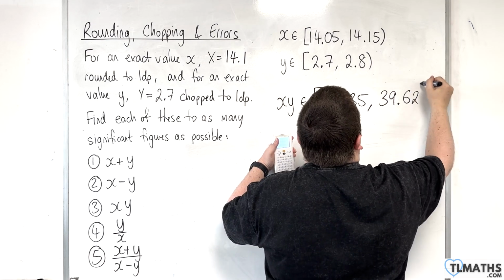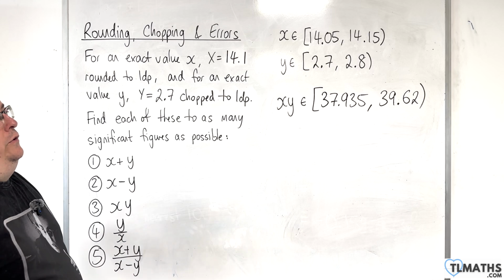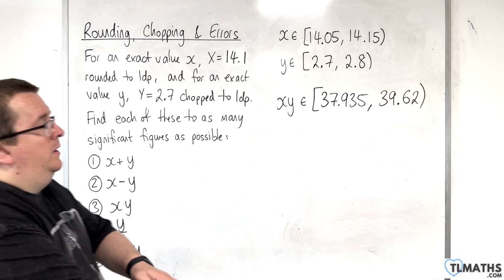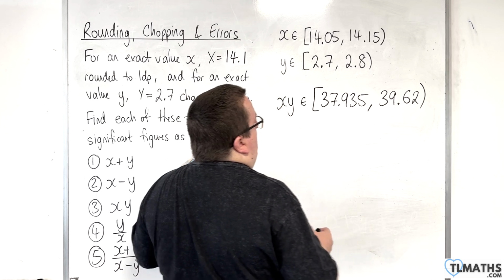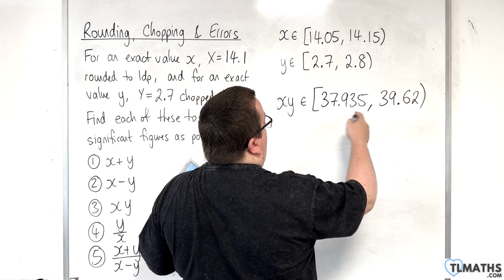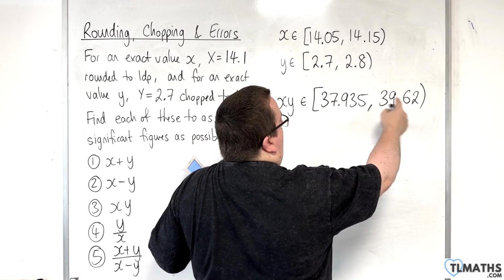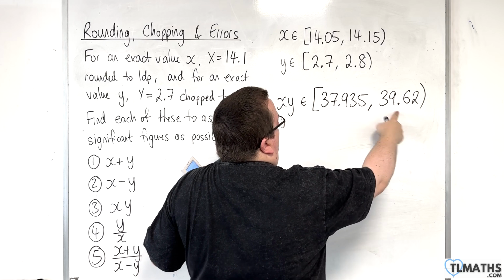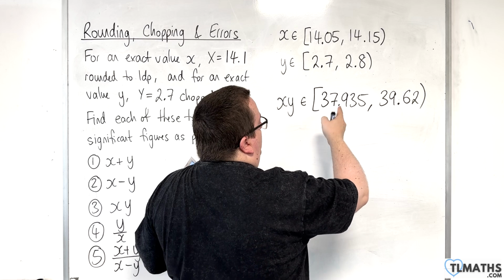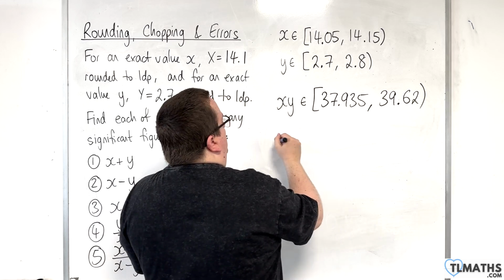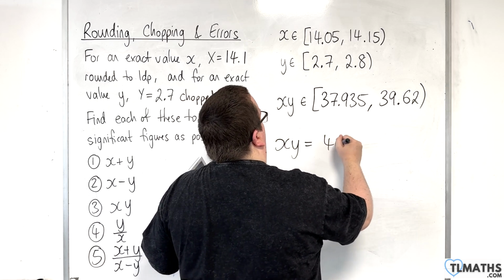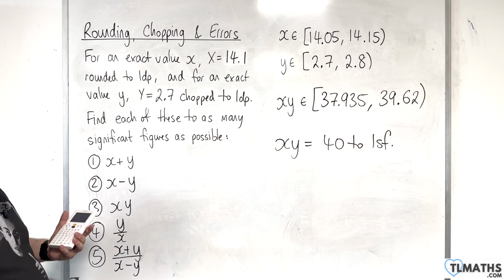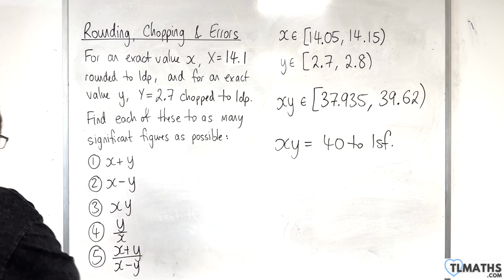And that's not inclusive. So, find each of the values to as many significant figures as possible. Now for this one, if it was to two significant figures, we'd have 38 and 40. So that's no good. So the best we can do here is to one significant figure, and that'll be 40 and 40. So xy equals 40 to one significant figure. Okay, now, as I said, that's the best we can do.